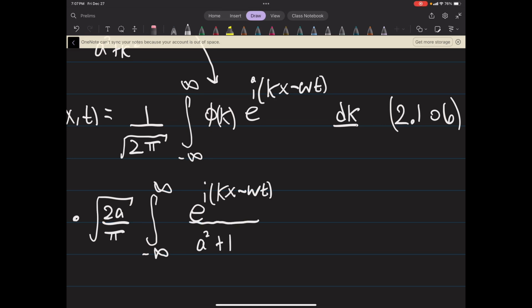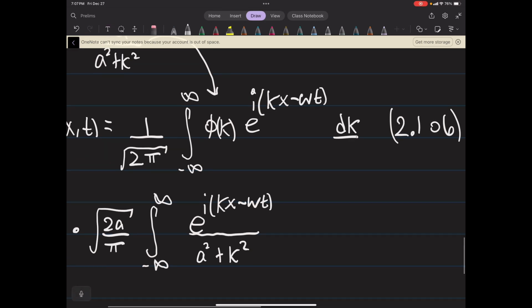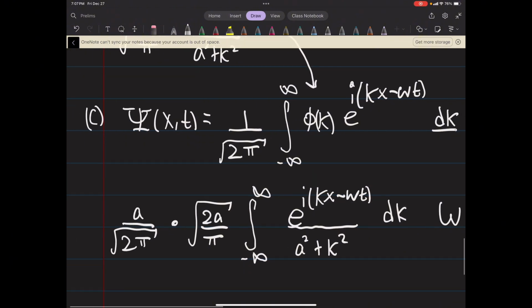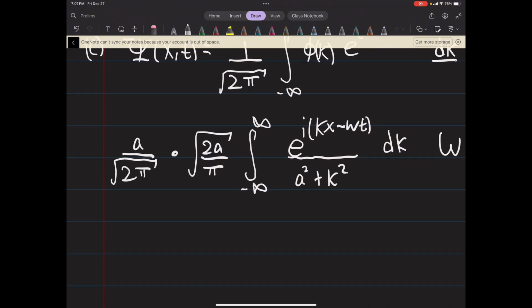We have to be a little bit careful. And just so you know, omega is equal to h bar k squared over 2m. I believe it is for the free particle. Well, that's all you can really do here, since it just wants it as an integral.